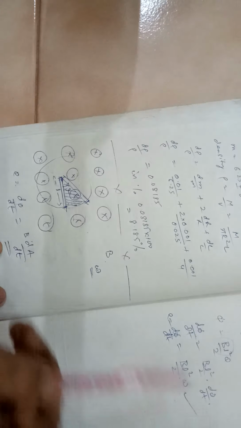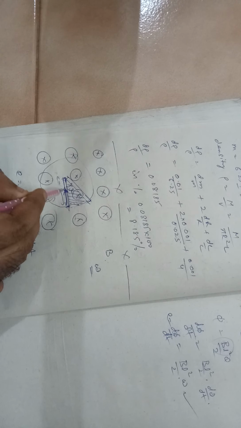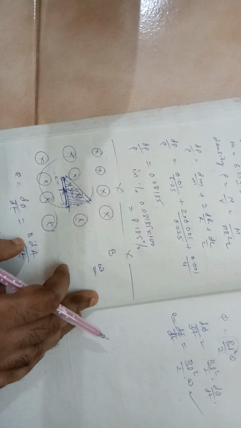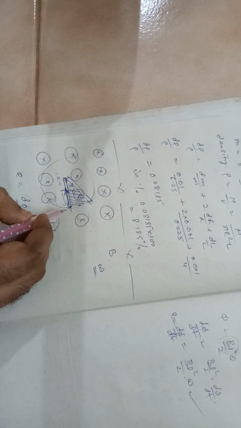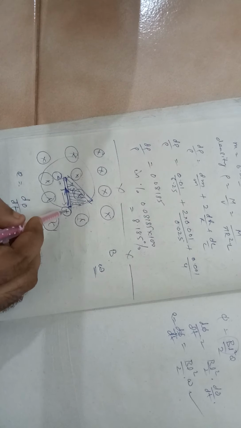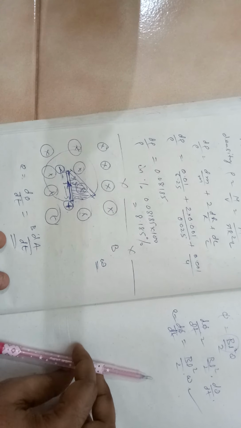So the current induced will be in this direction in this case, and this point will be of higher potential and this point will be of lower potential, because current is flowing in this direction.